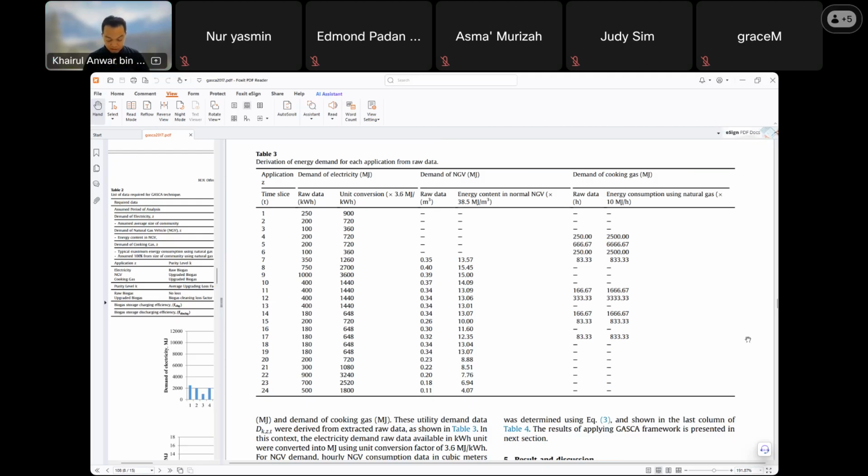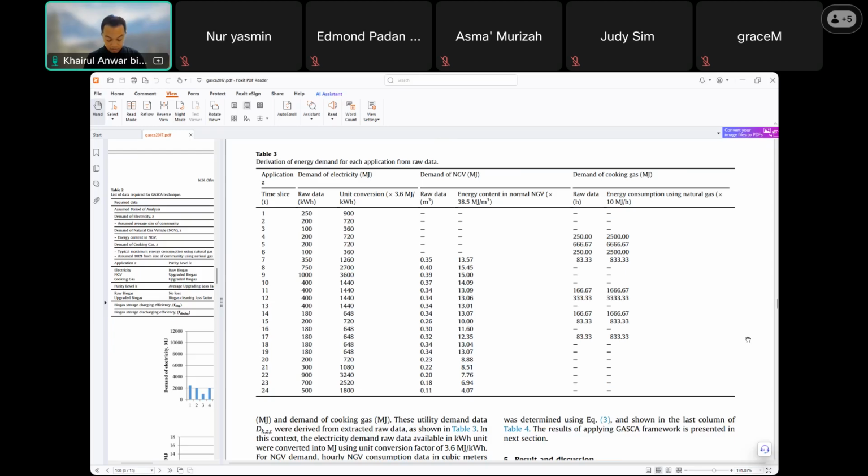This figure was then converted into energy equivalent, assuming constant natural gas consumption for cooking of 10 megajoule per hour. So the energy equivalent raw biogas requirement for fulfilling the energy demand is shown in table 4.